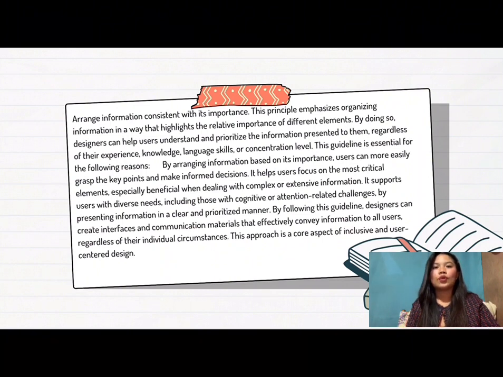And it supports users with diverse needs, including those with cognitive or attention-related challenges, by presenting information in a clear and prioritized manner. By following this guideline, designers can create interfaces and communication materials that effectively convey information to all users, regardless of their individual circumstances. This approach is a core aspect of inclusive and user-centered design.